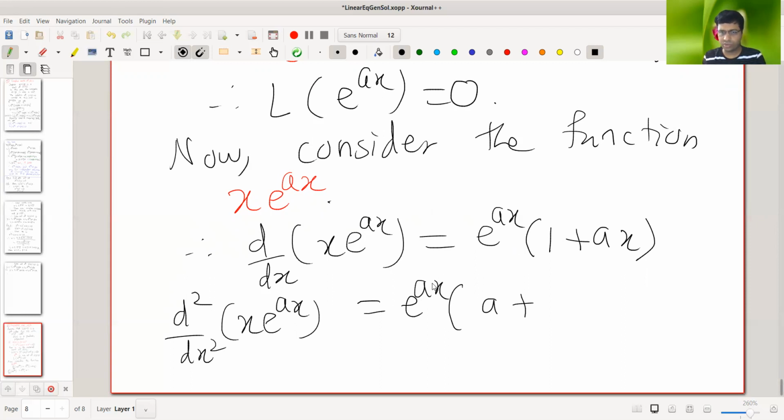Okay, e raised to ax is common, so a into 1 plus ax, that is a plus a square x. a is already there, so we write 2a plus a square x. This is the second order derivative.